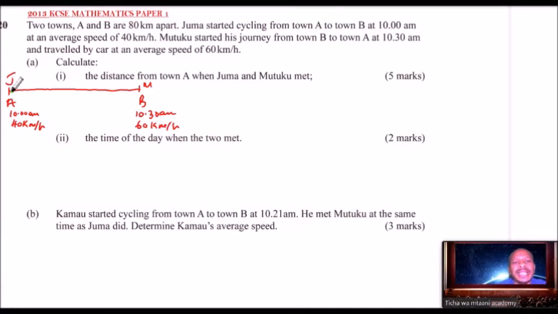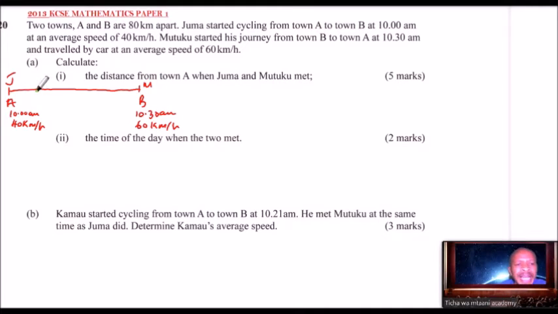We are told the distance from A to B is 80 kilometers. When you have it displayed like that, it is easier to work out what is required.